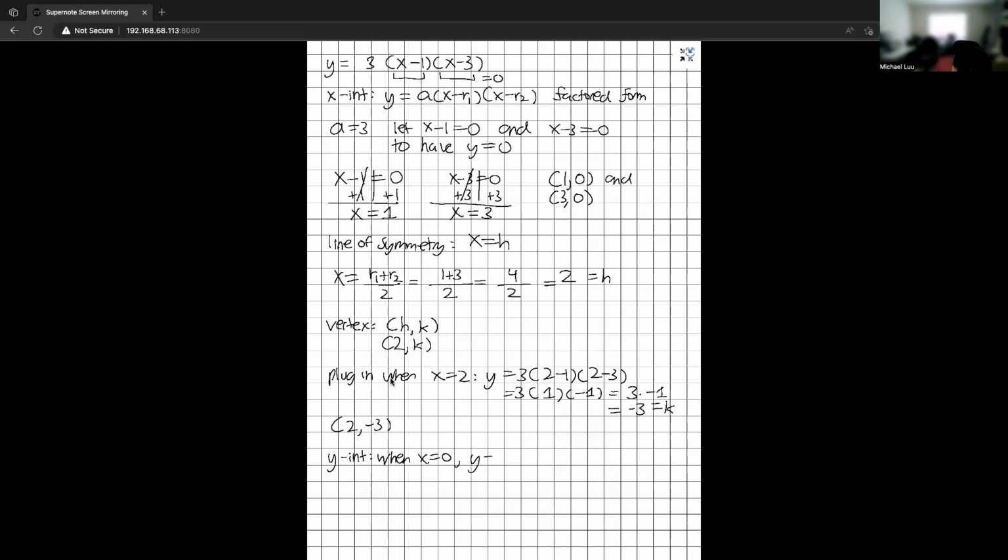So y is equal to 3 times (0 minus 1) times (0 minus 3). 0 minus 1 is -1. 0 minus 3 is -3. 3 times -1 is -3, times -3 is plus 9. So my point is (0, 9).